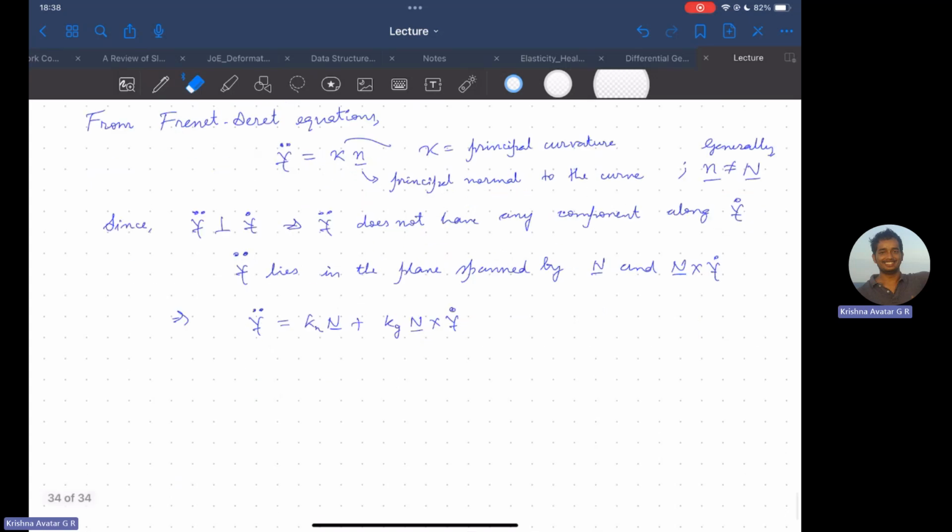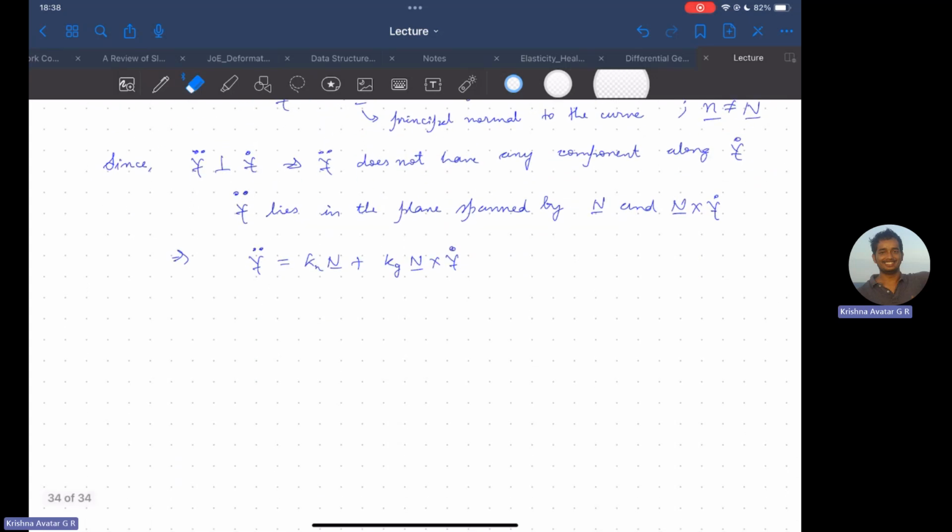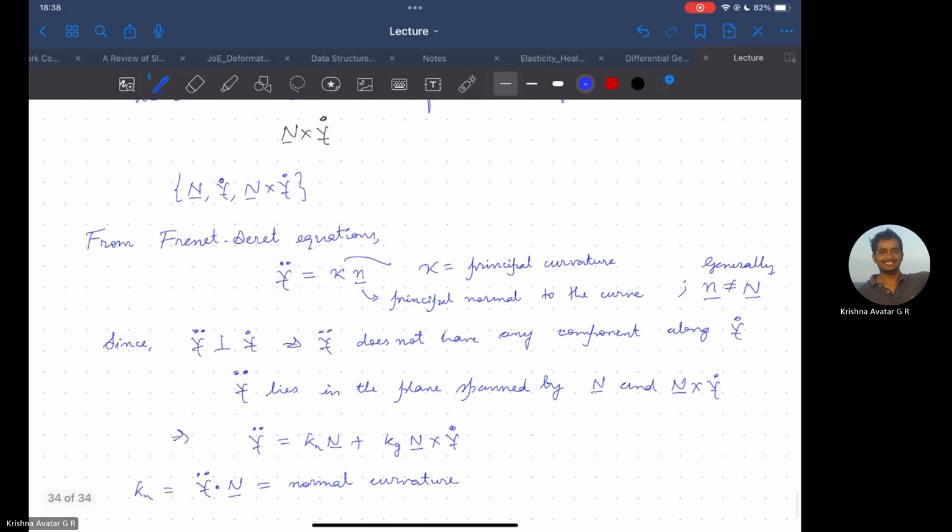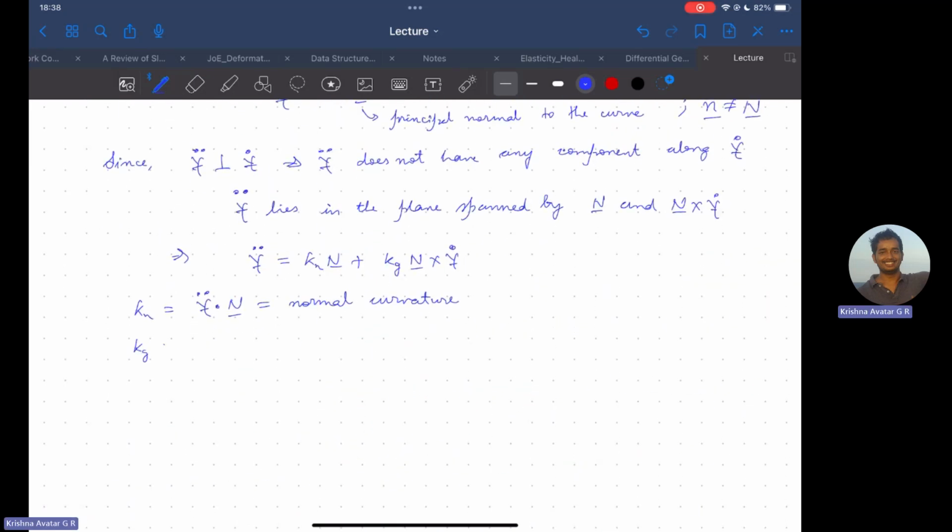Fine. So which means that kappa n is equal to gamma double dot dot n vector, and it is called the normal curvature. So it's like the component of the curvature along n vector, and kappa g is equal to gamma double dot dot n cross gamma dot vector, and this is what we call the geodesic curvature.